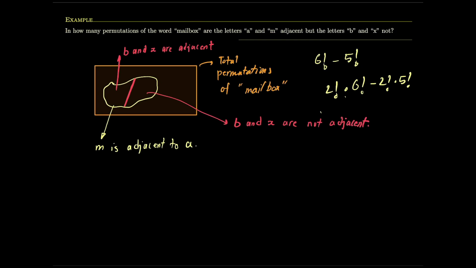Is that clear? So which part do I want to count? This is my question mark. Do you agree? Yes. I want to answer how many items are there. This is what I want.